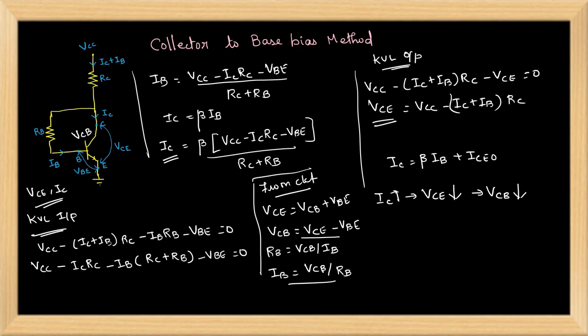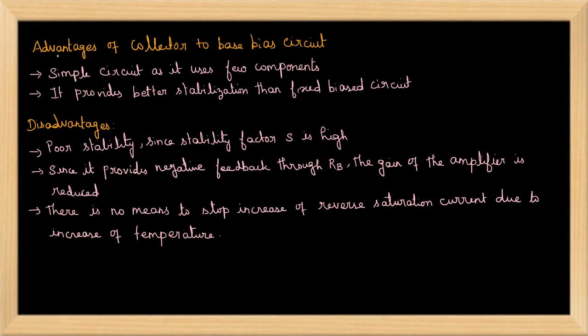Since IB equal to VCB by RB, when VCB decreases, IB decreases. When IB decreases, what happens? IC will also decrease. So when there is an increase in collector current, it leads to compensation. Thus with the decrease in the base current, the circuit tends to maintain a stable value of collector current, keeping the Q point fixed.